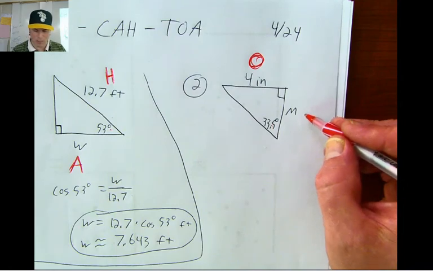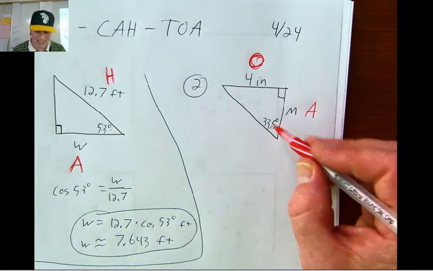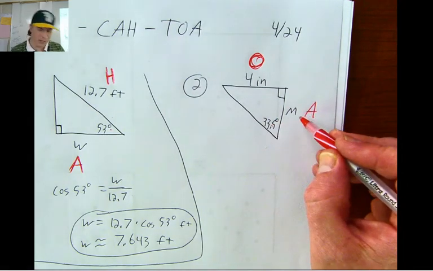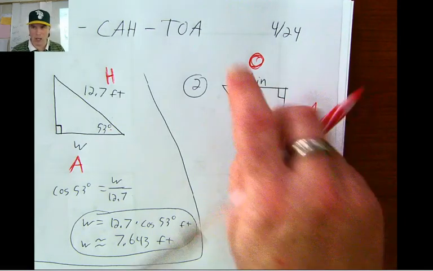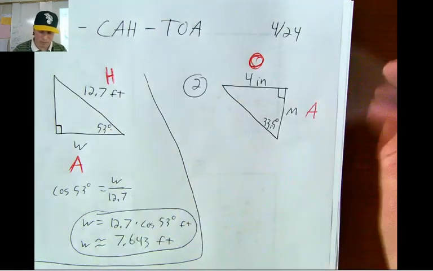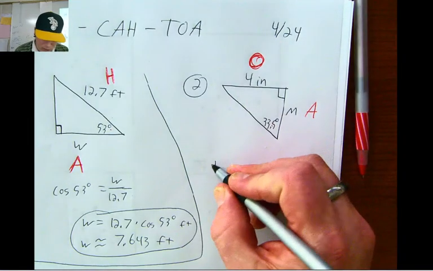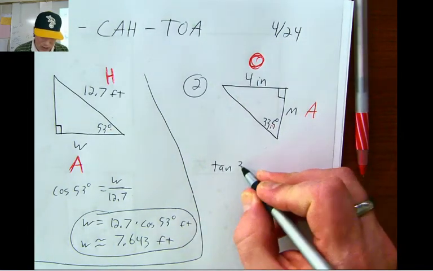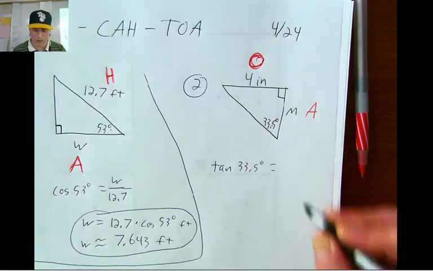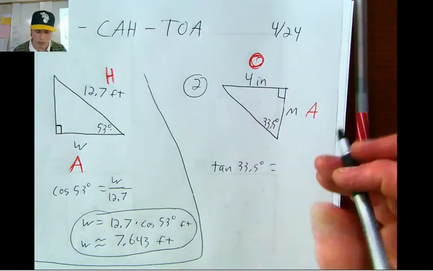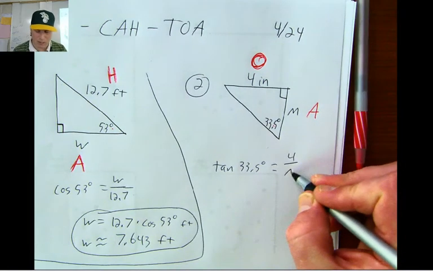I'm looking for this M, which represents the adjacent, because it's next to the angle and it's not the hypotenuse. So O and A means you're going to be using tangent. When we write our equation, tangent of 33.5 degrees will always be equal to 4 divided by M.